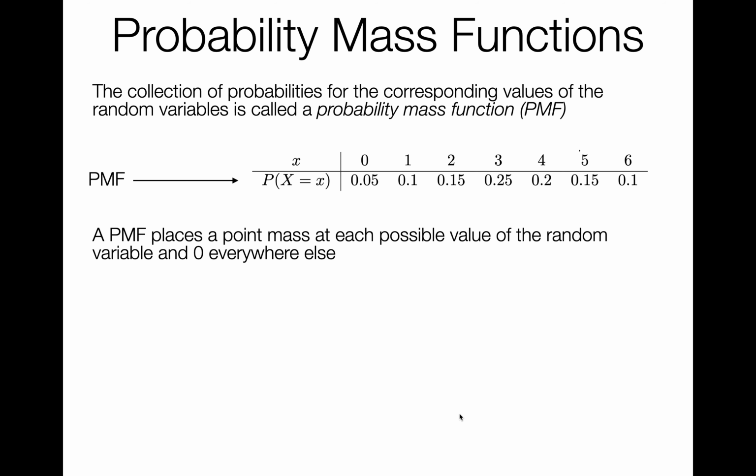So there's no possible outcome at 3.5 or 4.7 or 0.1. Those don't happen. And so the probability that those will happen, for instance in our example above, it's really the same thing, the probability that X equals something like 2.2, that's 0.